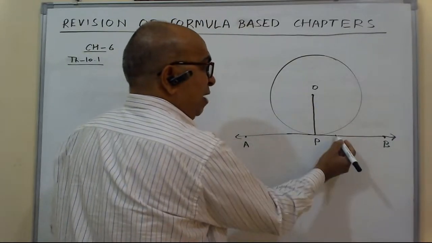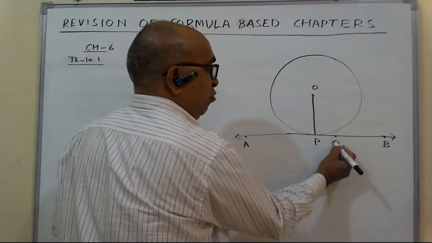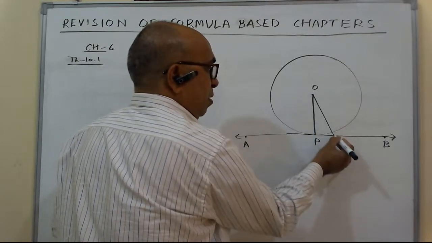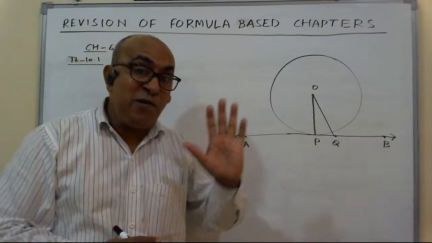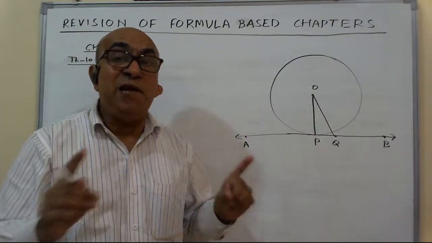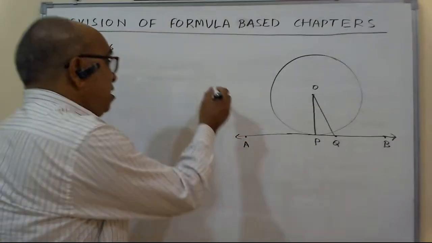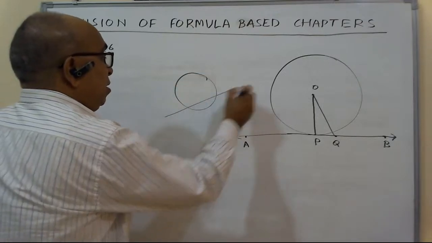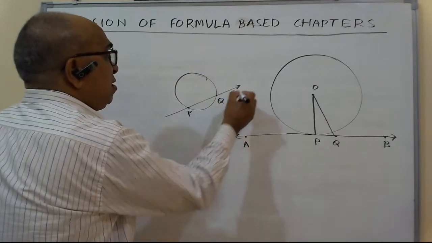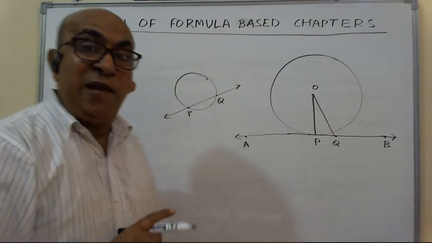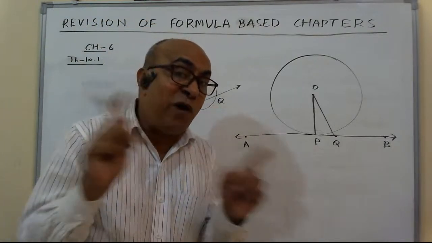So we will take another point Q on the tangent. Any point on the tangent, as you know the difference between secant and tangent. A secant is this, it intersects the circle at 2 points. A tangent intersects the circle at only 1 point.